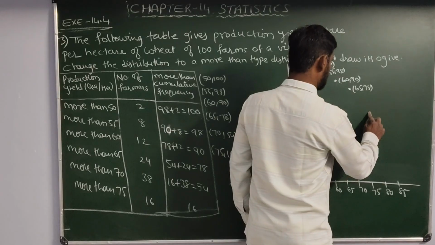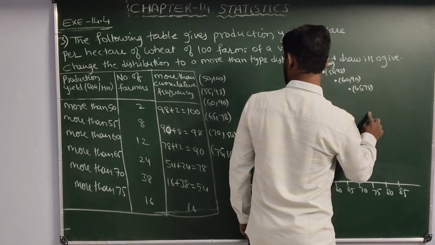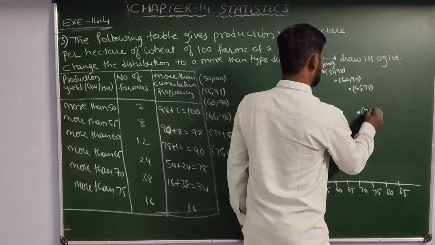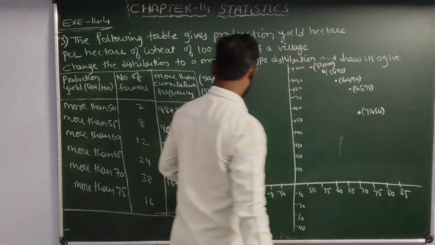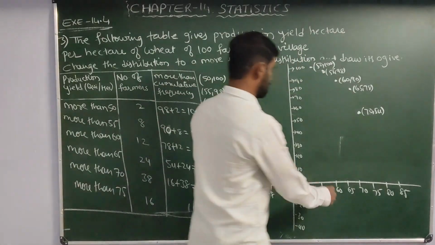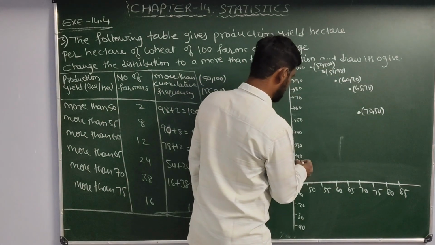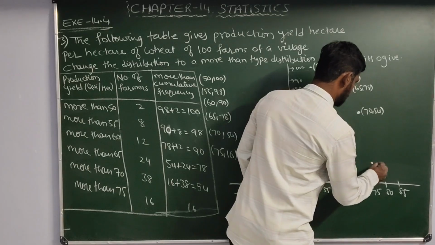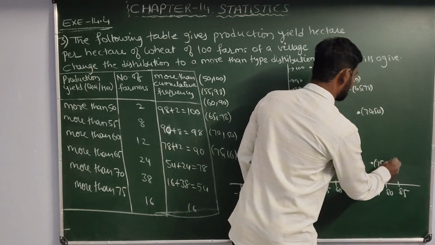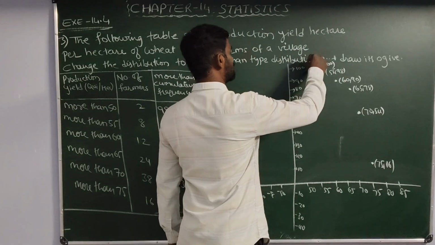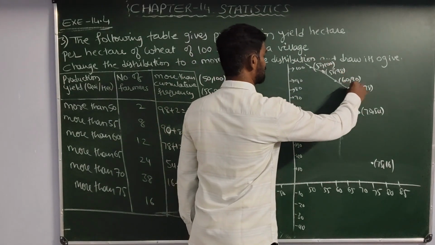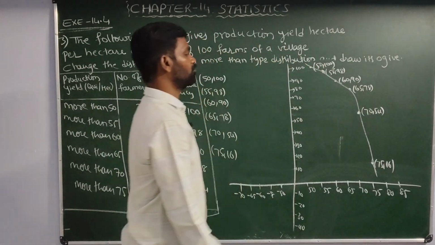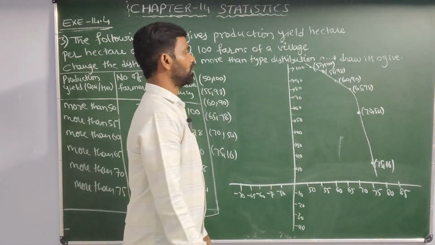So 70 comma 54. Next 75, 16. 16 will be somewhere here. 75 comma 16. Now with your free hand, join these points. So this is the more than cumulative ogive.